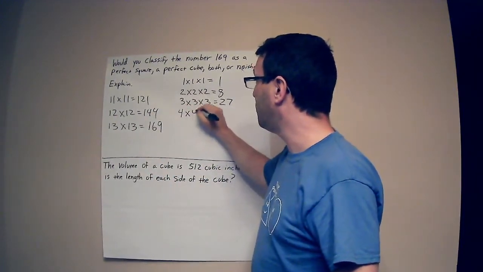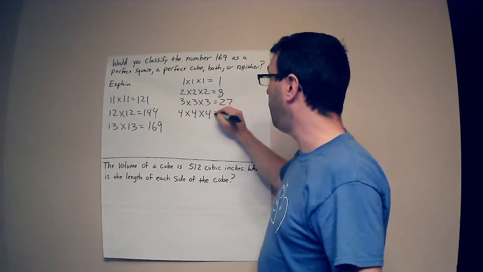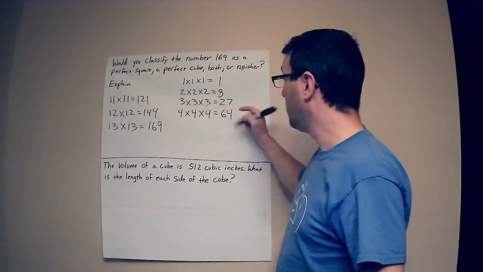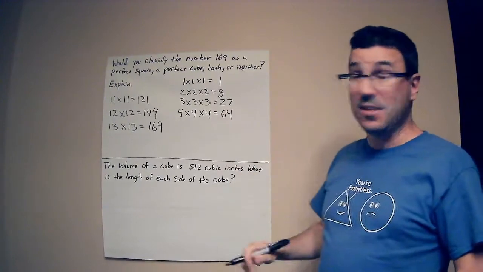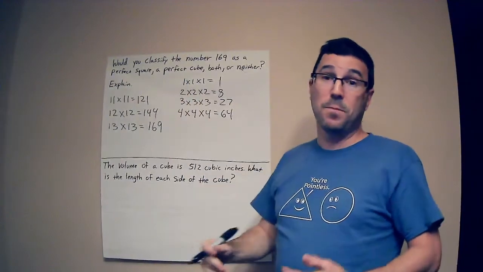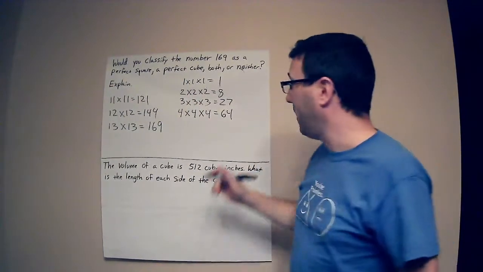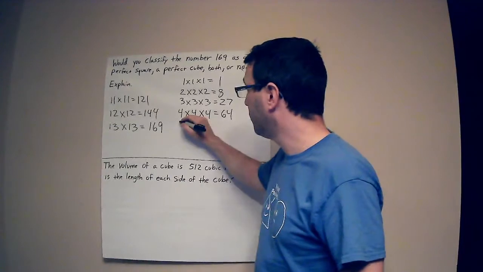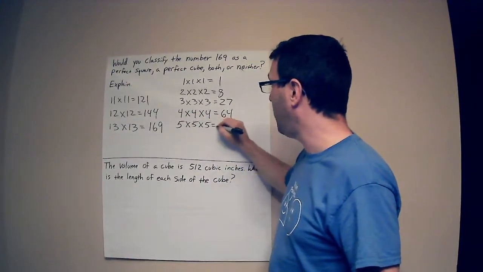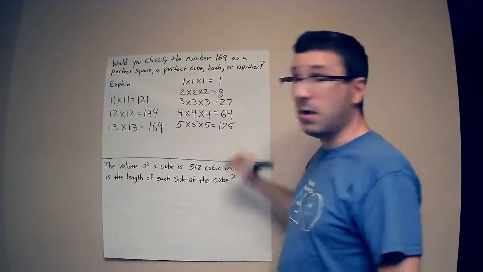4 times 4 times 4 is 64. 64 actually is both a perfect square and a perfect cube, but that's not what we're looking for right now. So we'll just keep going. 5 times 5 times 5 is 125.